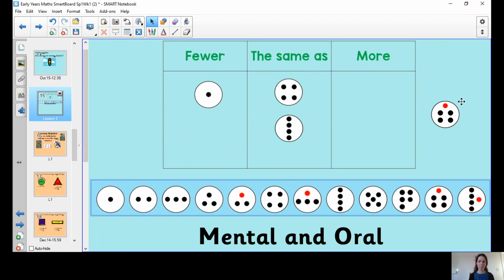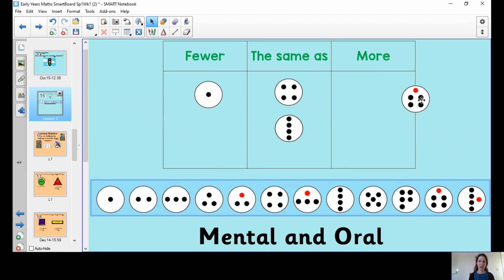How many dots are in my circle now? Let's count them together. 1, 2, 3, 4, 5. I have 5 dots in my circle. 1 red dot and 4 black dots altogether makes 5. Is 5 fewer than 4 or is it more than 4?